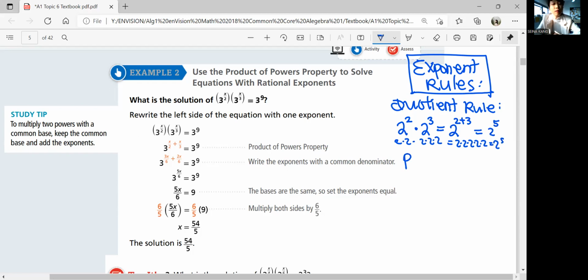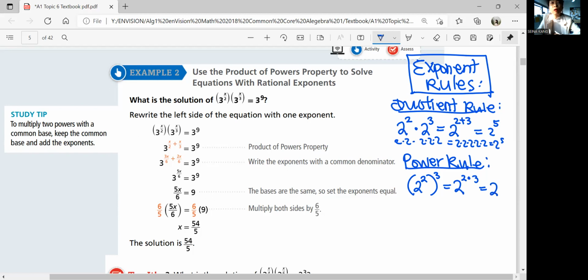And then we have the power rule. The power rule says if you have a base with a power on top of a power, then you can multiply your powers, 2 times 3.